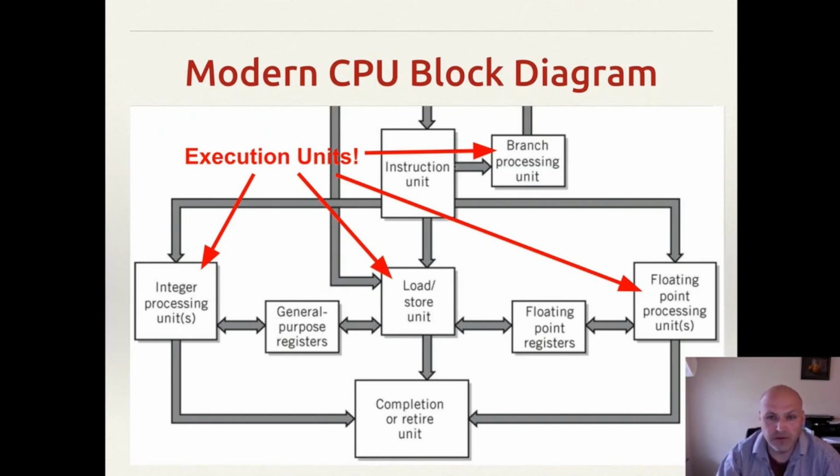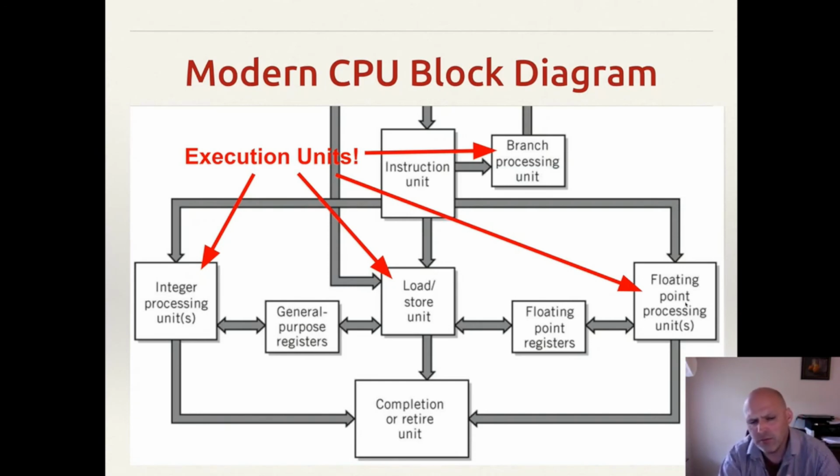So if, for example, the decode is a branch, it's going to give it to this branch processing unit that is specially engineered to deal with branches as efficiently as possible. We also have here a load store unit, which is a way to offload stuff that you're going to put into registers, and it can deal with all of the actual logic of moving things with the registers. And then we have specialized integer processing ALUs, floating point ALUs, etc.